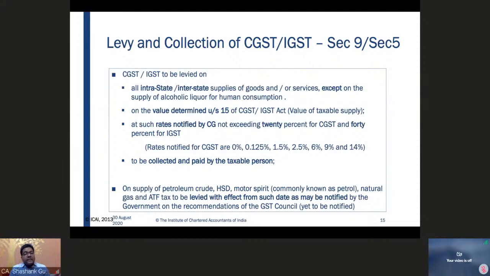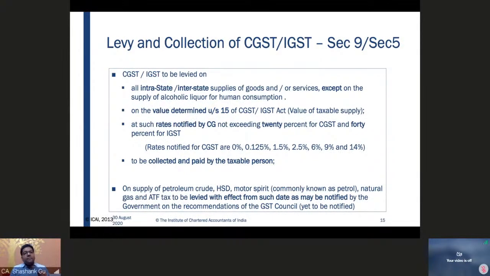Next it says, at such rates notified by the Central Government, not exceeding 20% for CGST and 40% for IGST. So what is the maximum rate of tax which can be there under GST?